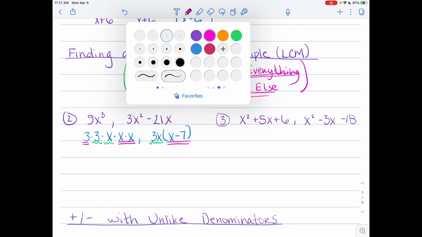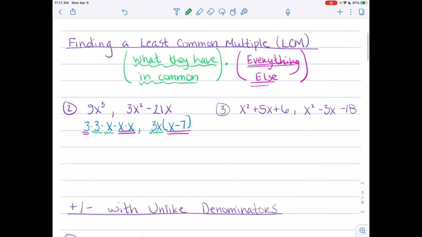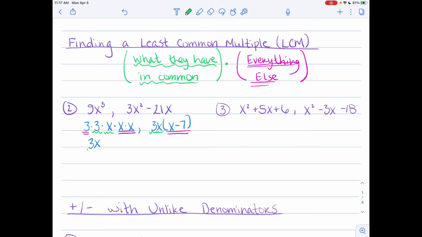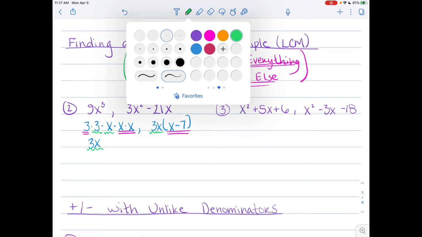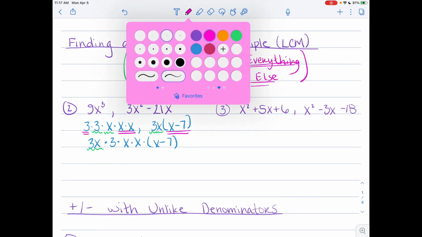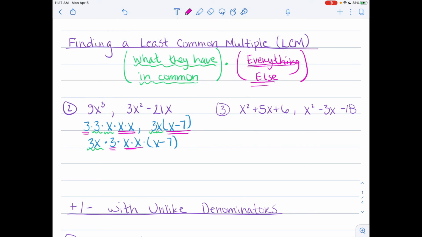So in order to write our least common multiple, we take what they have in common, which is a 3 and an x, and I'll underline that in green. And then we want to multiply by everything else. So another 3, a couple more x's, and an x minus 7. So all of these things, the 3, the x's, and the x minus 7 are what they did not have in common before.